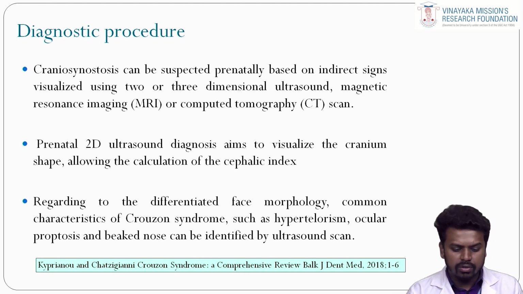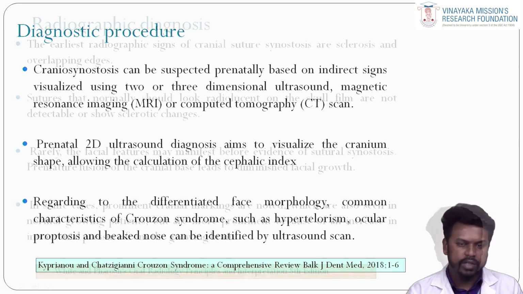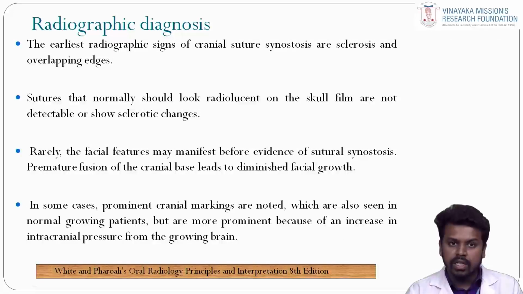Prenatal 2D ultrasound diagnosis aims to visualize the cranium shape, allowing calculation of the cephalic index. Common characteristics of Crouzon syndrome such as hypertelorism, ocular proptosis and a big nose can be identified by ultrasound scan. Radiographic diagnosis: the earliest radiographic signs of cranial suture synostosis are sclerosis and overlapping edges.